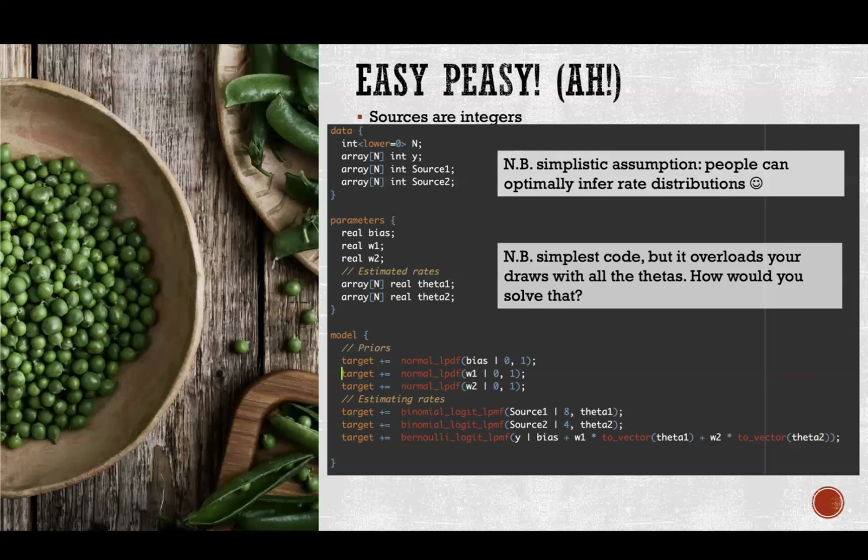Sorry to dwell on this. It just struck me, can this model distinguish between the weight and the theta? Are they not going to be very correlated? The theta, in a sense, is deterministic, because the theta is simply determined by source 1, which is observed, and 8.